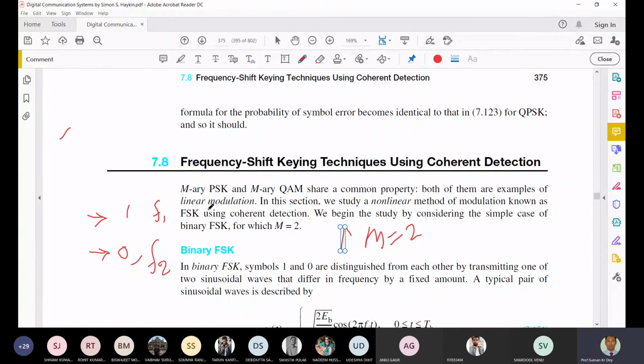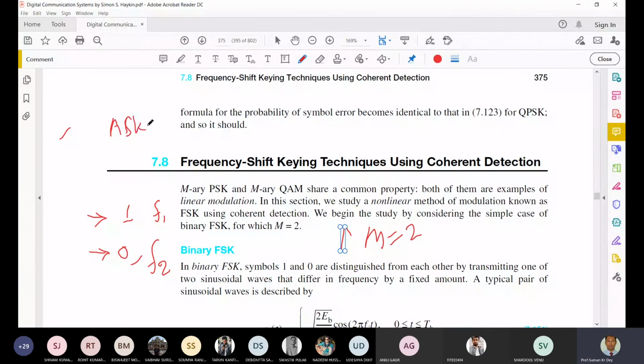Okay, I think the ASK has not been discussed. Basically in ASK, whenever there is a 1, there is a signal. If it is 0, there is no signal. This is the ASK modulation.